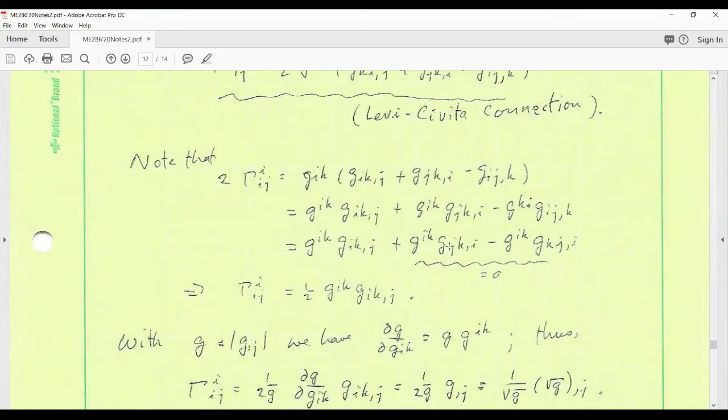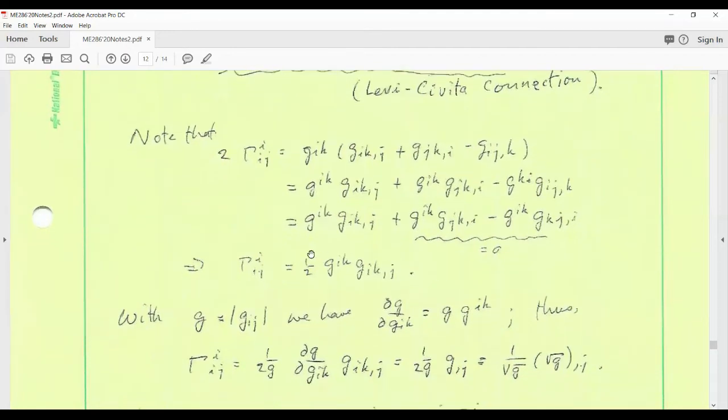Again, I'm using the symmetry g sub jk is the same as g sub kj. So these cancel each other. So that means this contracted connection coefficient is given by this.